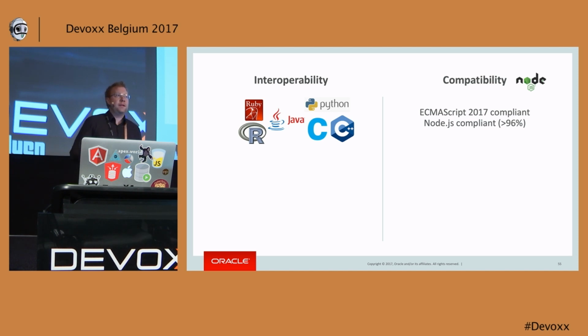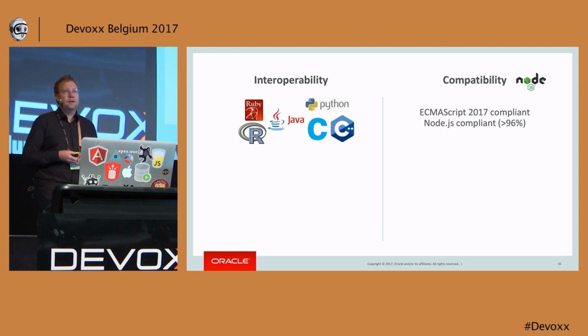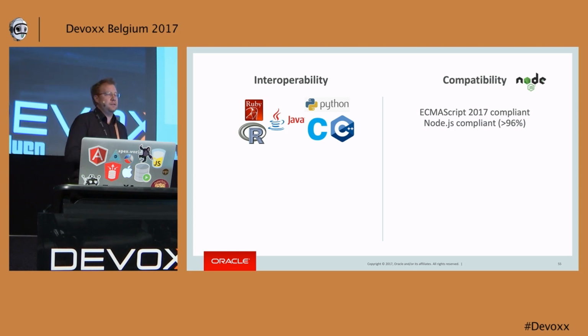And compatibility is always hard to measure. What we did is we downloaded all the NPM modules that are out there. I think it's 450,000, 500,000 already. We checked those that we can run using the Mocha test framework, which is basically 60,000. And of those, 96%, just to give you a number, run without any problem whatsoever compared to V8.